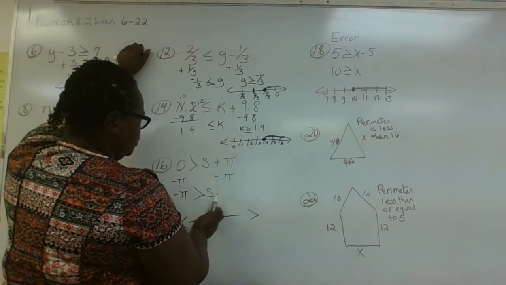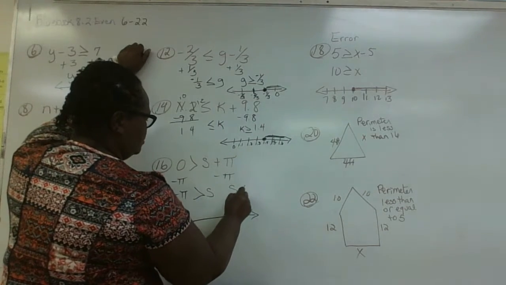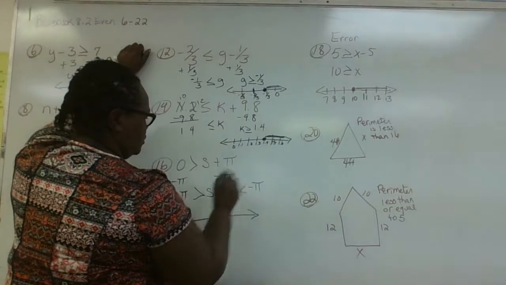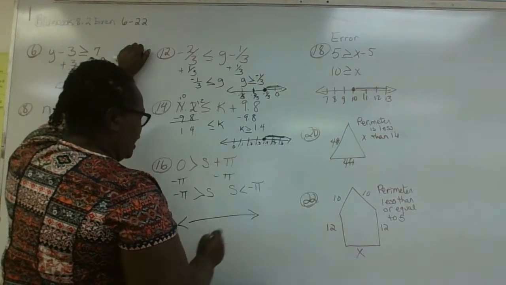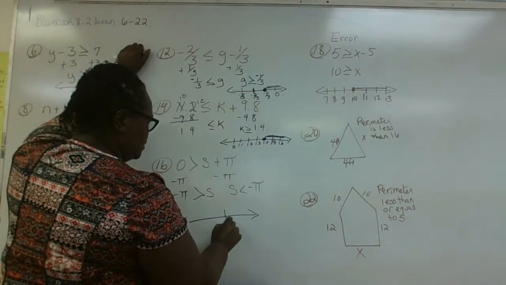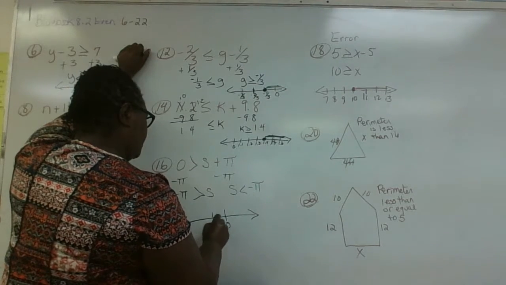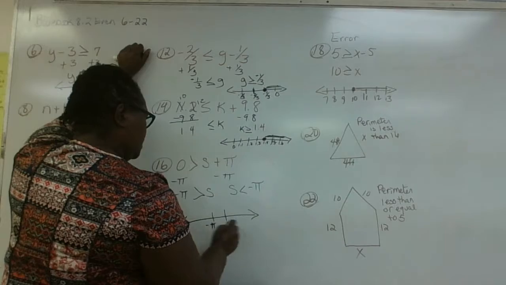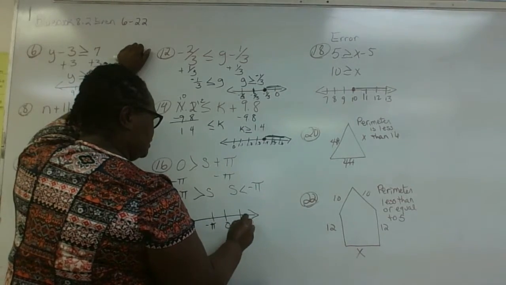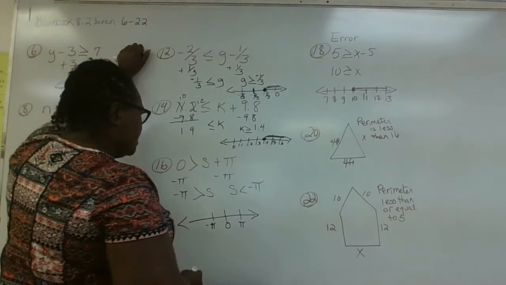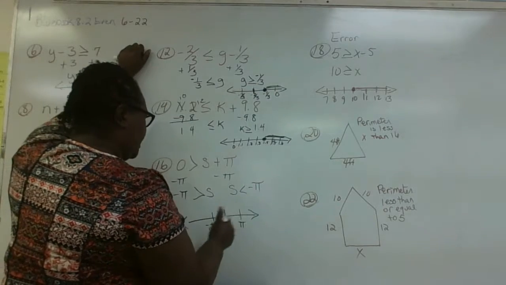Okay, we want to visually flip this around. Okay, all right, so that we have 0. We can have negative pi on this side of the 0, and we can have positive pi on this side, right? And so therefore we're going to start at negative pi.